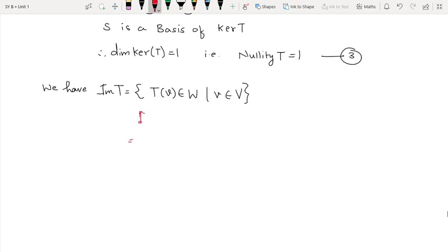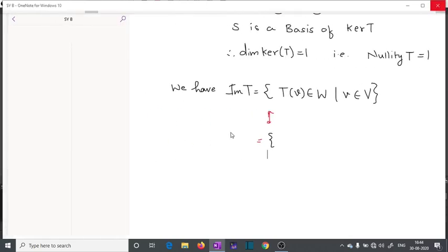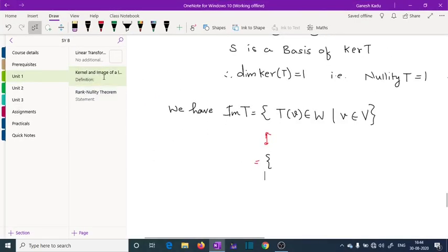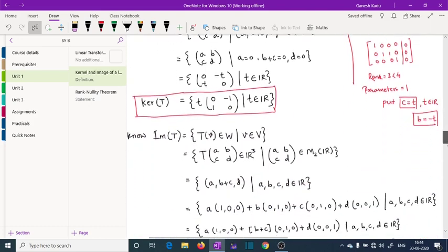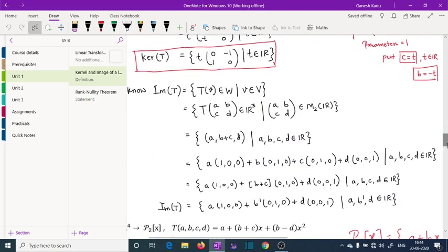I will directly write down the set, the image of T. So our image of T is, I guess, (1,0,0), (0,1,0), (0,0,1).